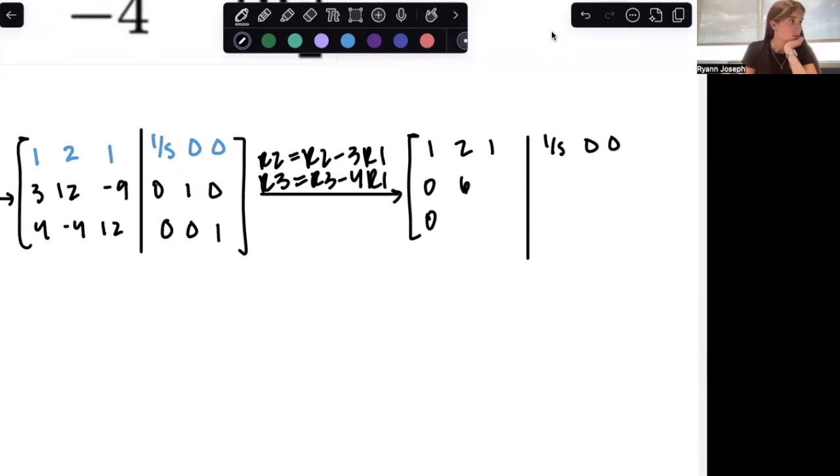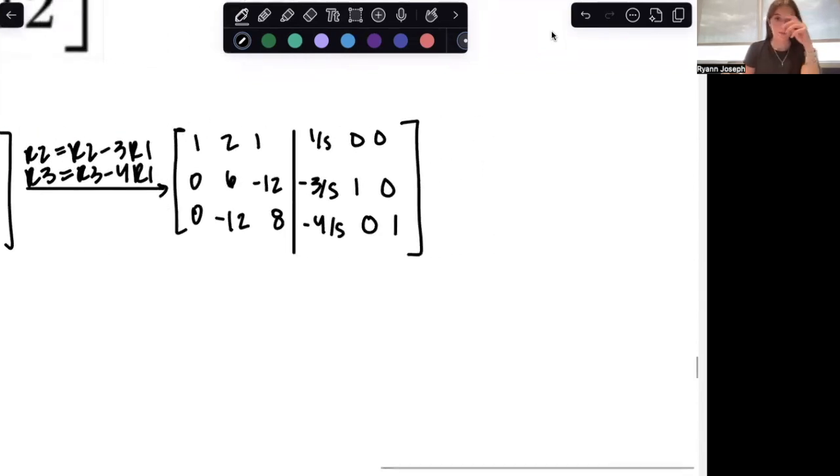We got 6, -12. This 0 is now going to become -3/5. This is going to stay 1, 0, 0, -12, 8. This is now going to become -4/5, 0, 1.